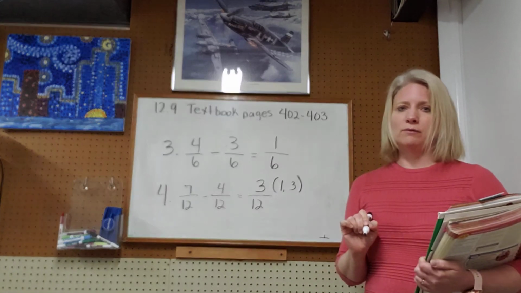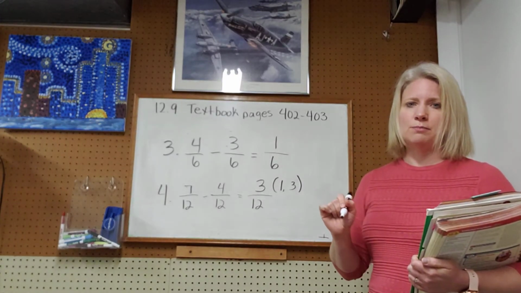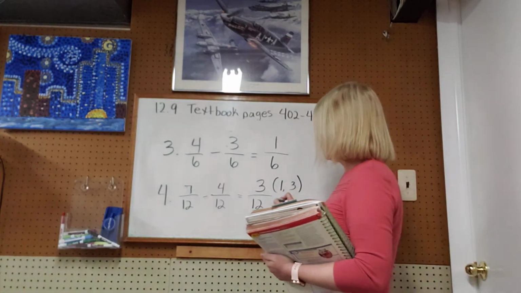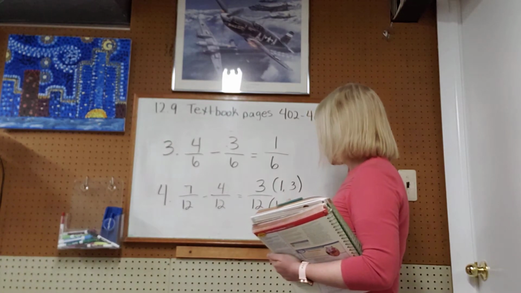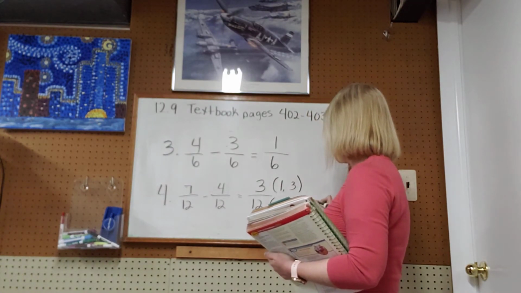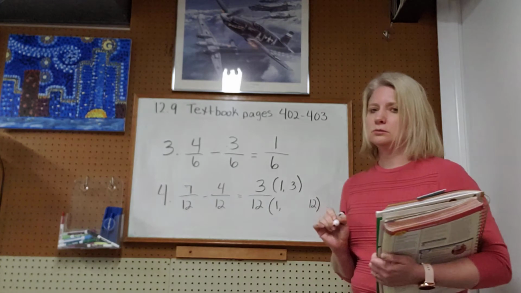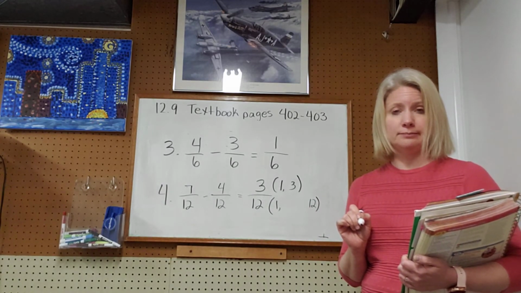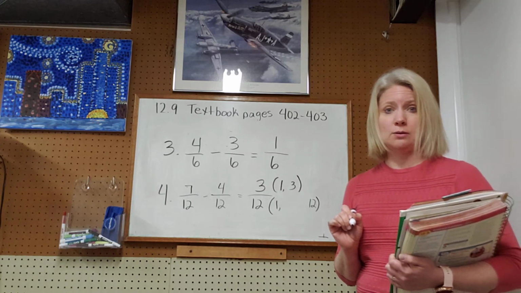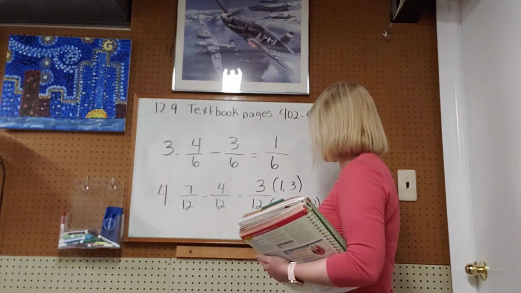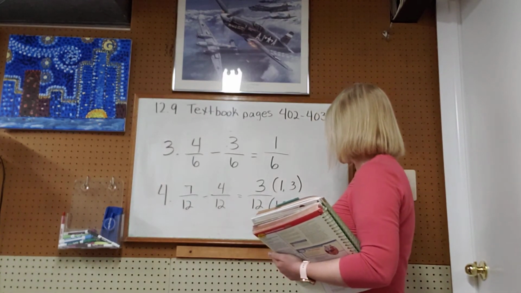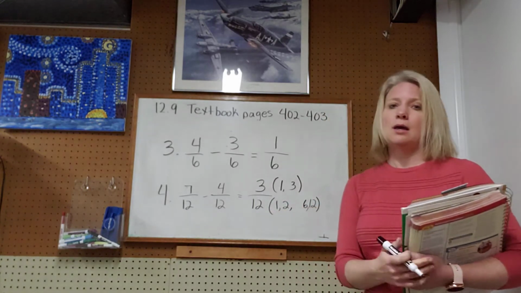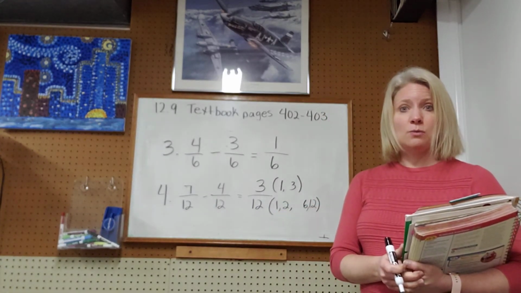Now let's look at 12. What are the factors that would multiply to get 12? 1 and 12 for sure. What are some other ones? Can you multiply it by 2 and something? 2 times what equals 12? 6. And there's another one.